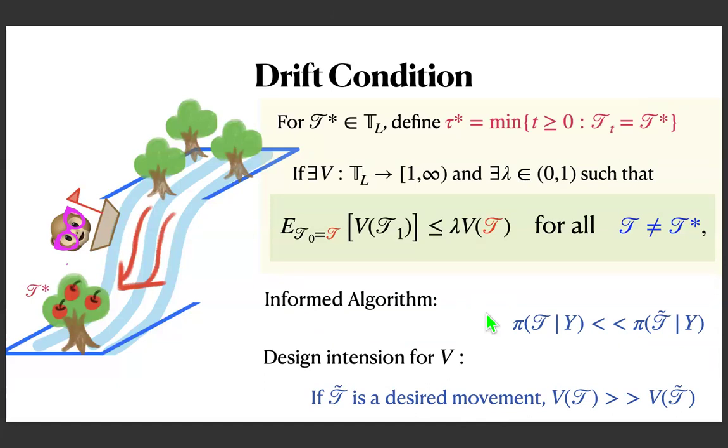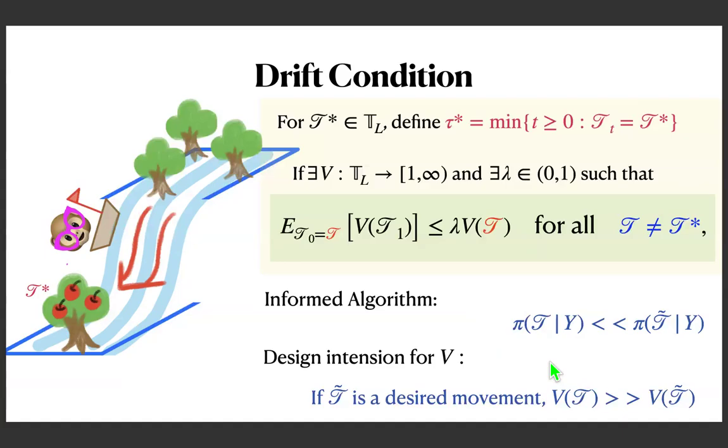Second, we made the proposal favor those with higher posterior probability. So this algorithm is doubly promoting trees with high posterior, and we can easily imagine that it will flow toward trees with high posterior.